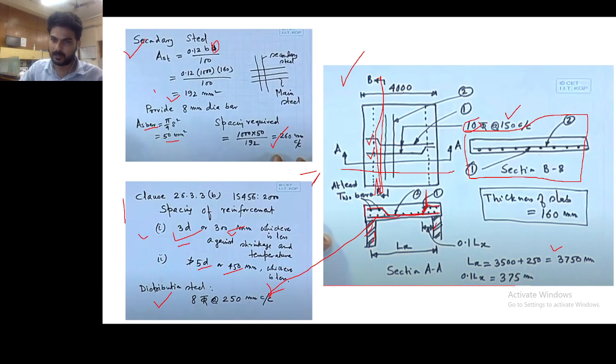So now it will be the same, the primary will be at the bottom only, but it will look like dot dot. The primary will always be at the bottom and the secondary will be above that, and this will be the distribution steel. But here it is vice versa, these dots are the distribution steel and this one is primary.